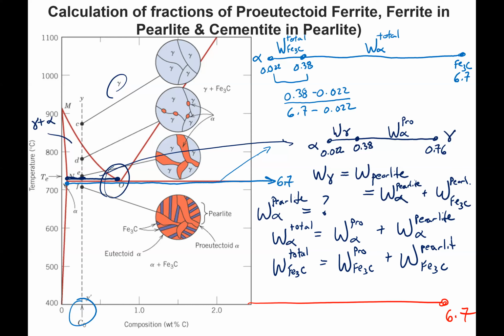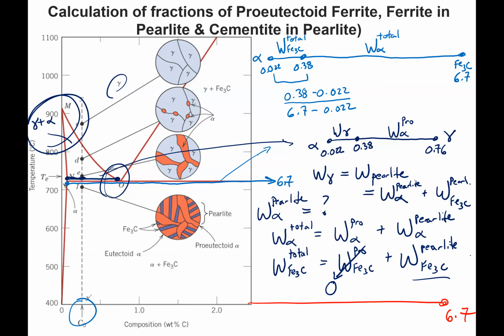Now, since we are on the left side of the diagram, we only go through this two-phase region of forming alpha from our gamma. And so we don't have any pro-eutectoid cementite. That would be over on the right side. So this one is 0. So our total cementite is our cementite in the pearlite. That's the only place that it is.